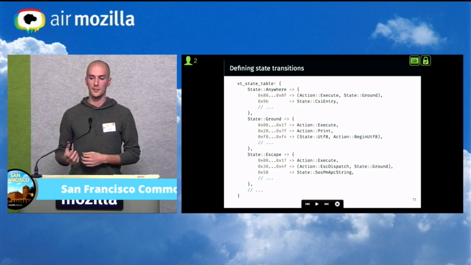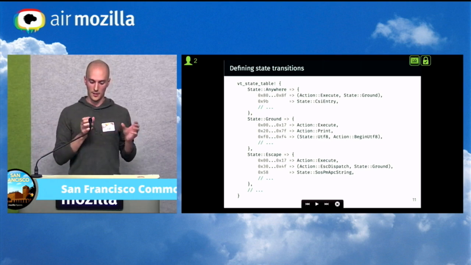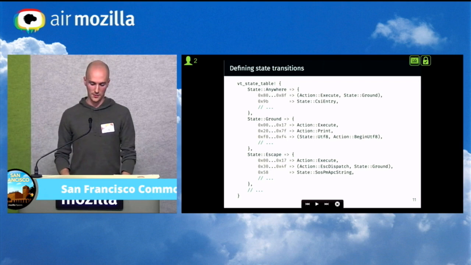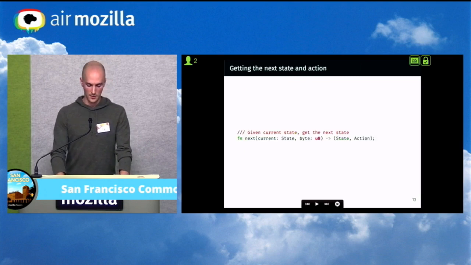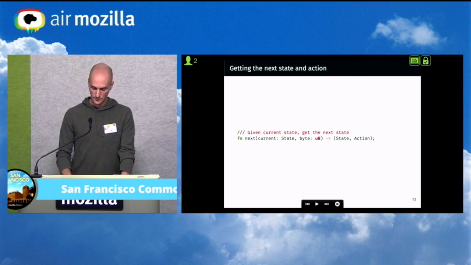But basically what this is, we've got on the left this list of states, and then those map ranges of bytes to another state and an action. So we go from our current state, we get some input, and then we get another state out of it and maybe have an action to run as a result. The procedural macro outputs something that looks like this, but then it all gets wrapped up in this nice little function where you provide your current state and a byte, and you get your next state and potentially an action out of it.